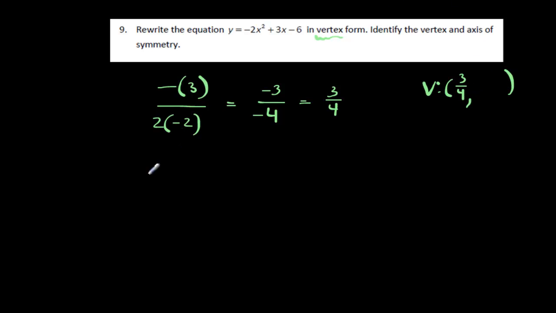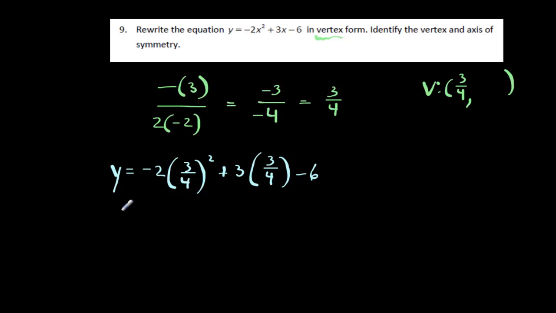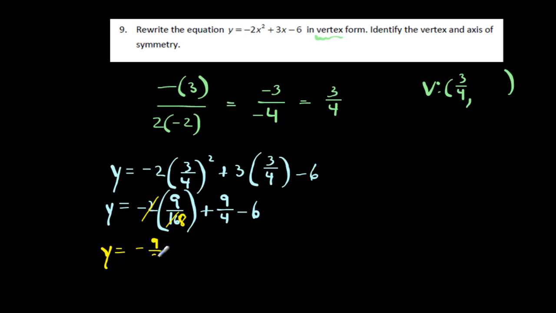So let's plug that in to get my y-coordinate of the vertex. So there's the substitution. Let's square this first. So that's 9/16. 3 times 3/4 is 9/4. The 2 and 16 can cancel. You have an 8 down here. So y equals negative 9/8.